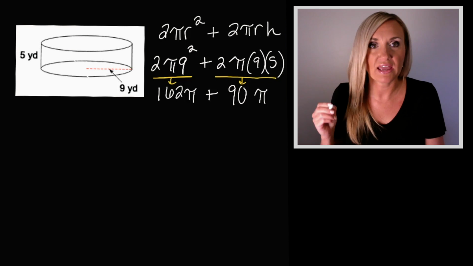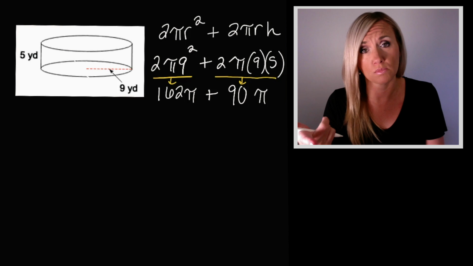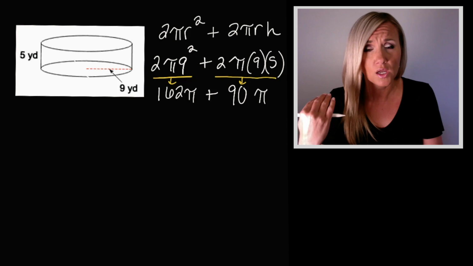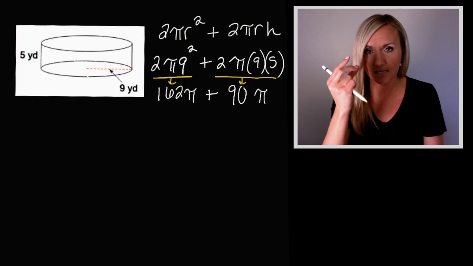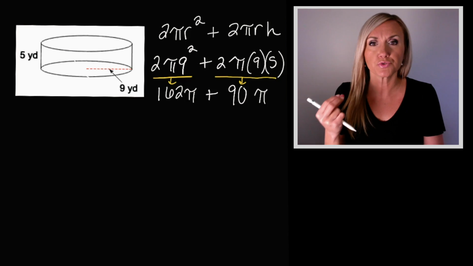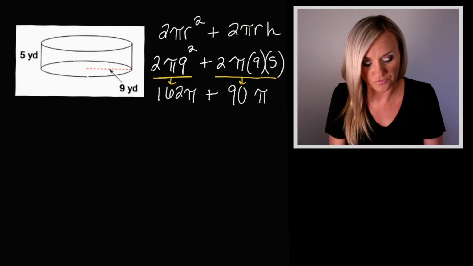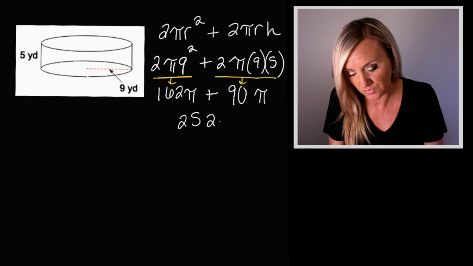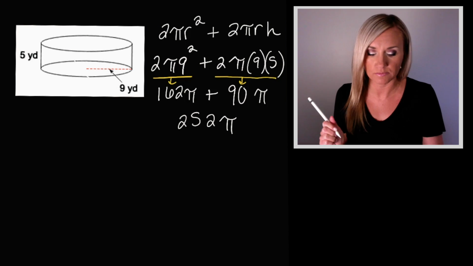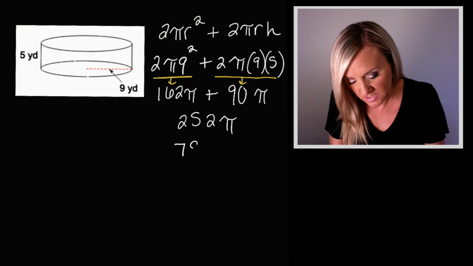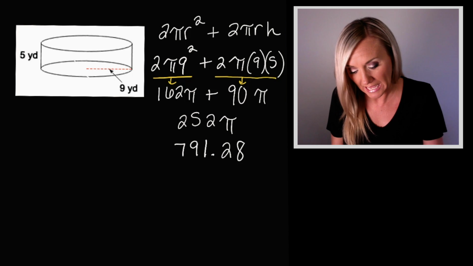Okay, so then we have 162 pi plus 90 pi. Don't multiply them by pi yet. I always multiply by pi last, always last. Try to keep the pi holding true to that value to the very end. So that would be 252 pi, and now you can multiply 252 times 3.14, which gives us 791.28.